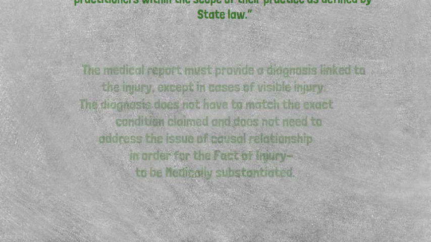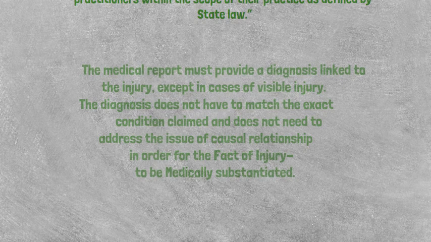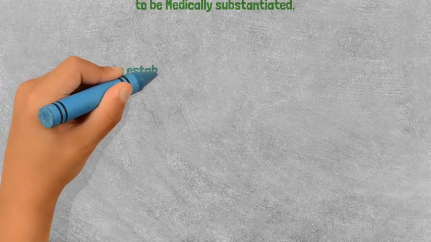The medical report must provide a diagnosis linked to the injury, except in cases of a visible injury. The diagnosis does not have to match the exact condition claimed and does not need to address the issue of causal relationship in order for the fact of injury to be medically substantiated. The law is fair.